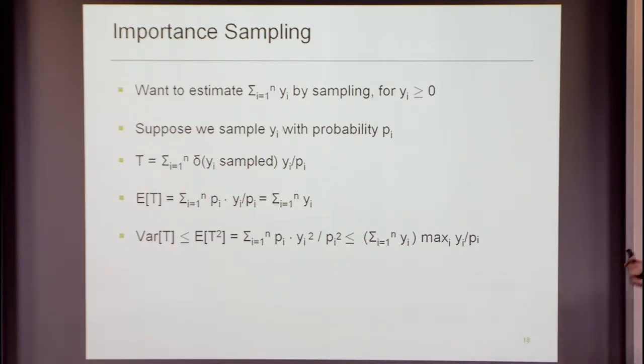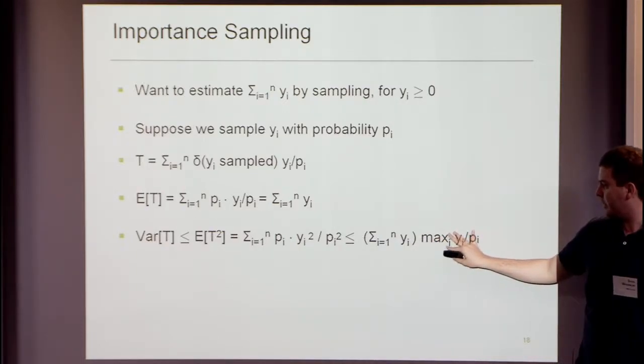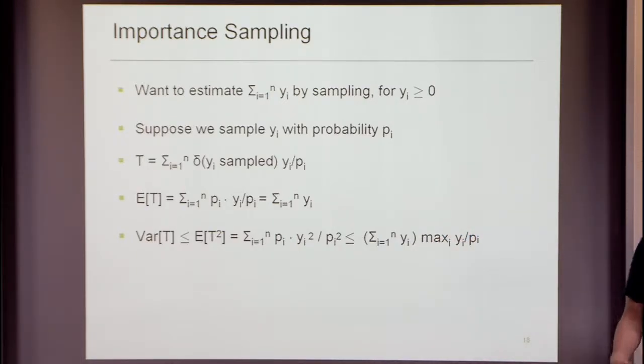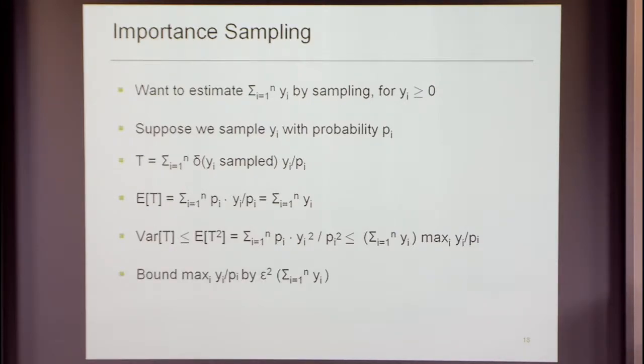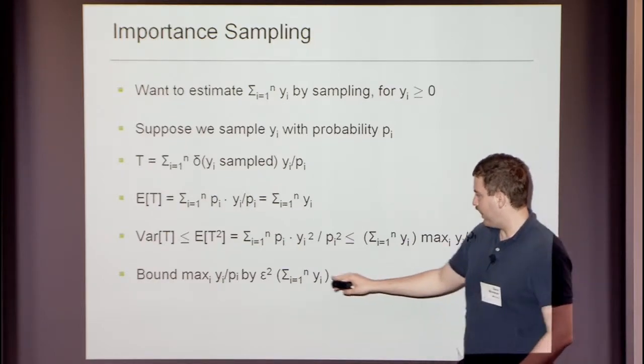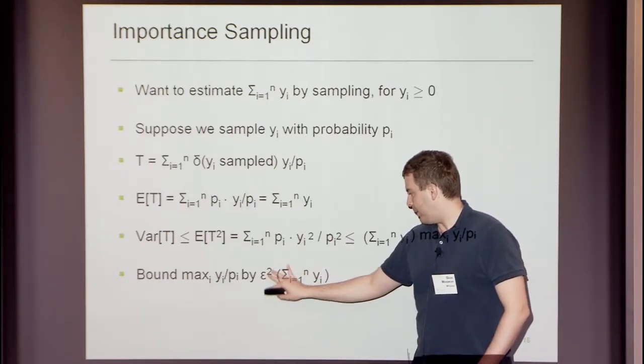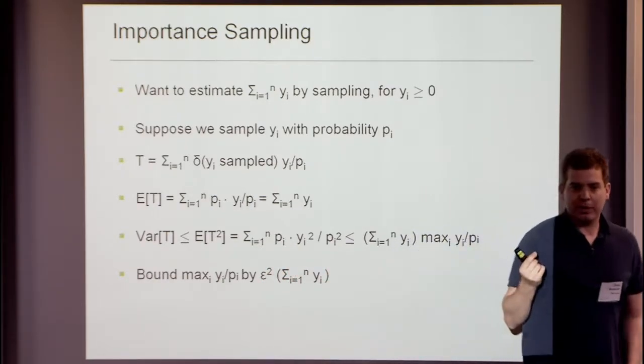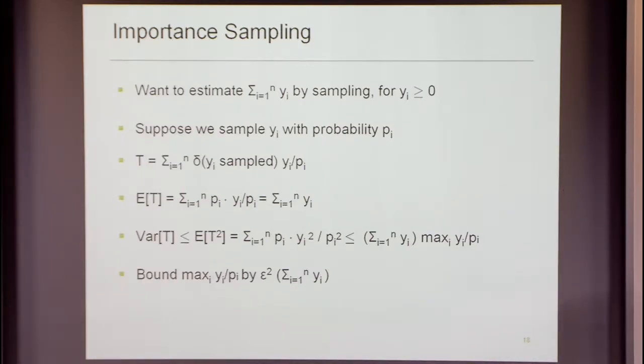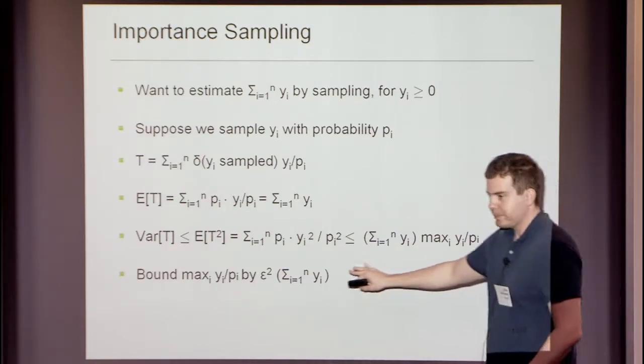So what you really want to show in importance sampling is that this maximum is small, so you have small variance. We would like this maximum to be bounded by epsilon squared times the quantity we're trying to estimate. Then we'll get a 1 plus epsilon approximation.